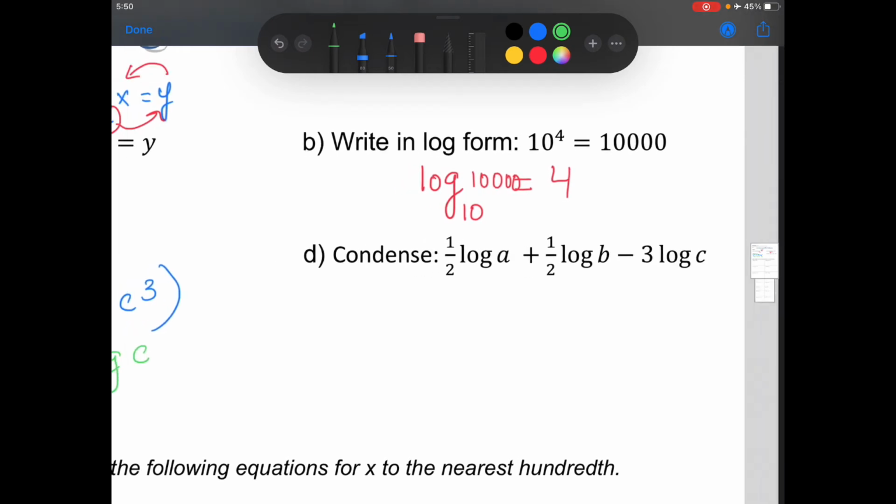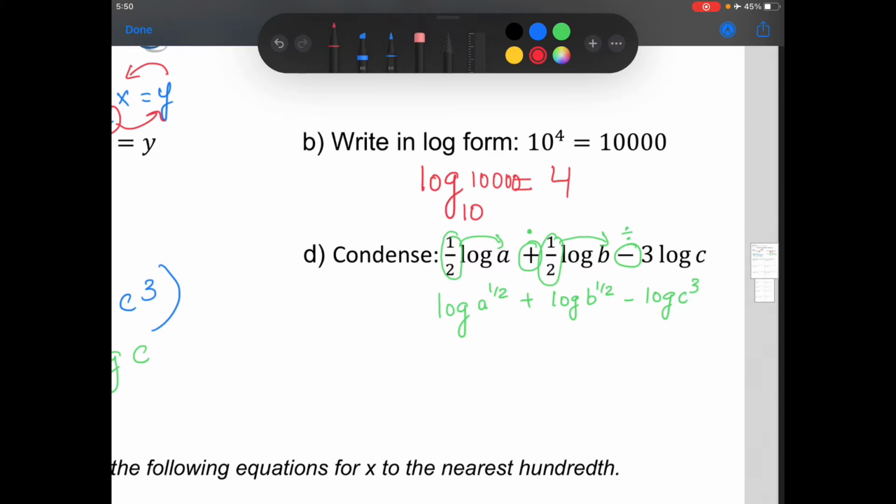Now when you're condensing, you're doing it backwards, so these numbers in the front become the exponent, right? Addition becomes multiplication, subtraction becomes division. So I'm going to write it as 1 log a plus log b to the 1/2 minus log c cubed. I'm just going to do both steps.